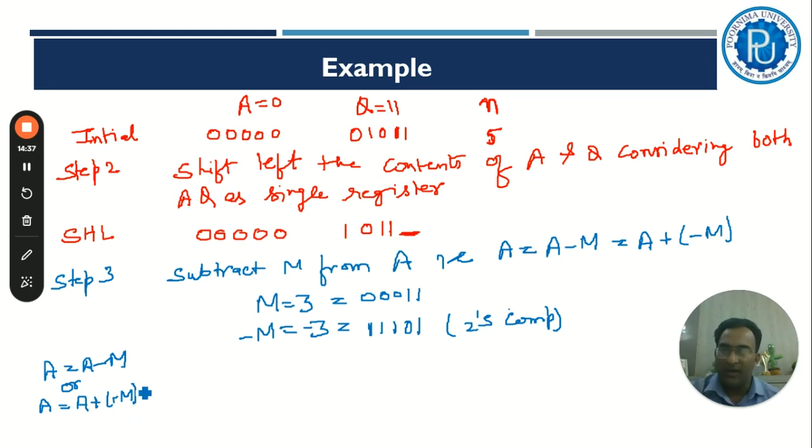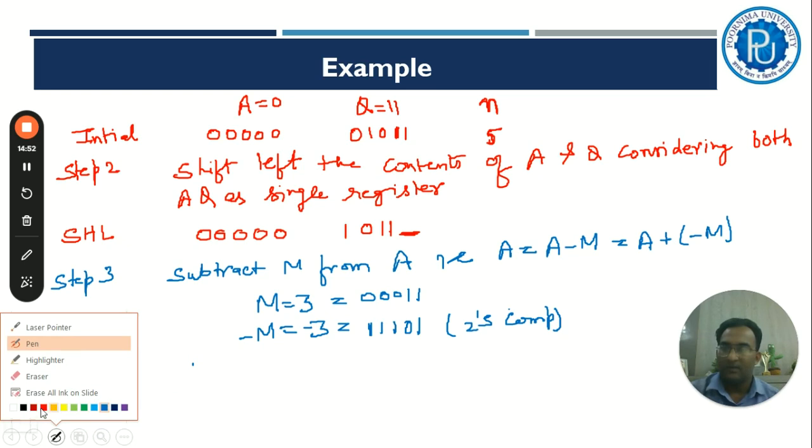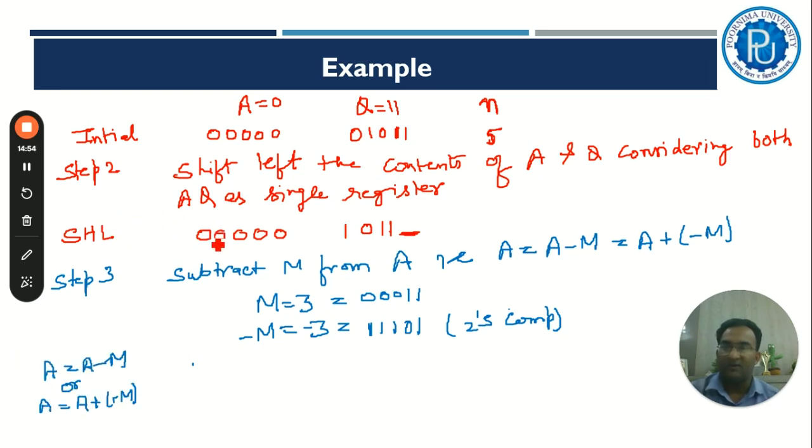So I am going to add the value of accumulator and this. So the value of accumulator is 0, which is in the step number 2 after the shifting operation. This is the value of accumulator. Okay, accumulator value is 0. So 0, 0, 0, and to this we are going to add the value of minus M there.